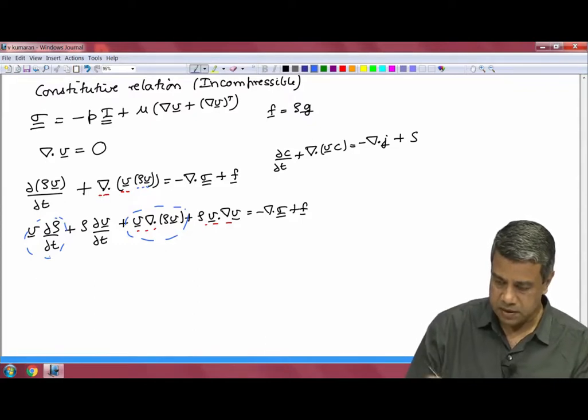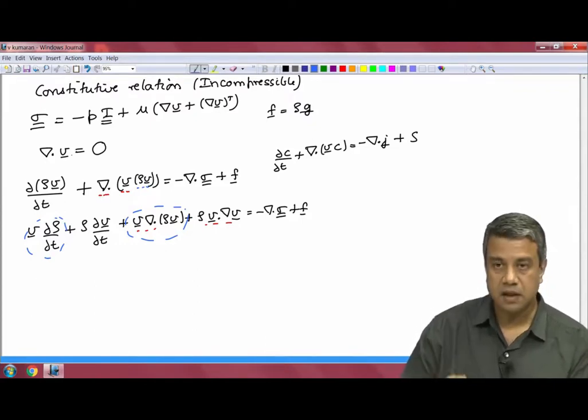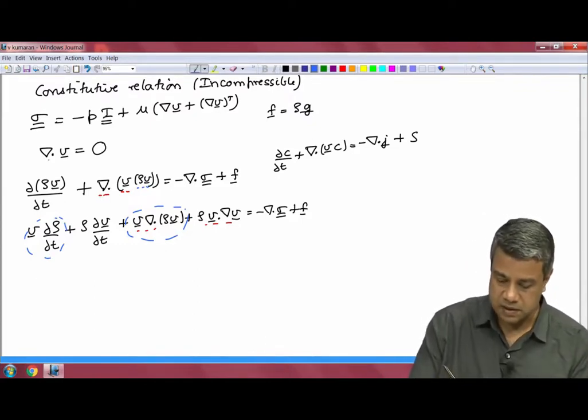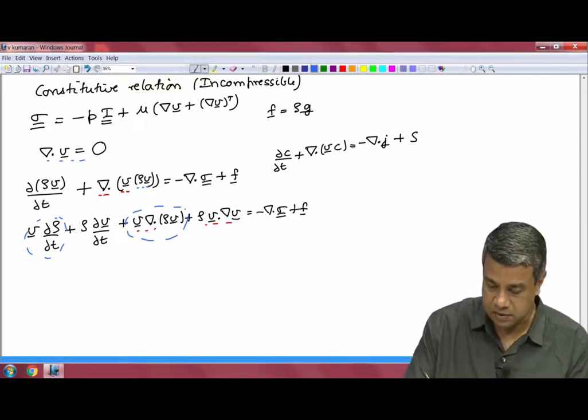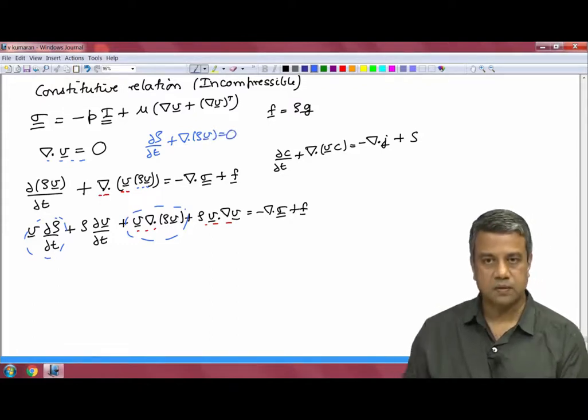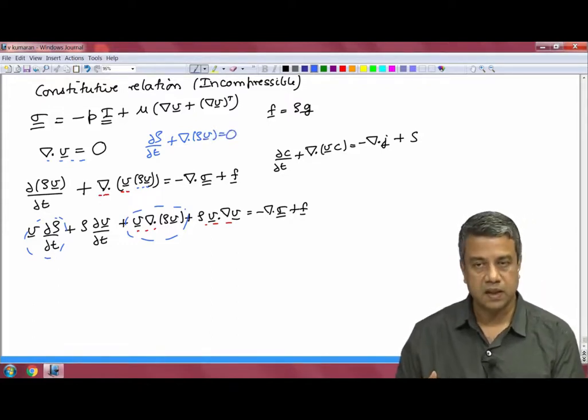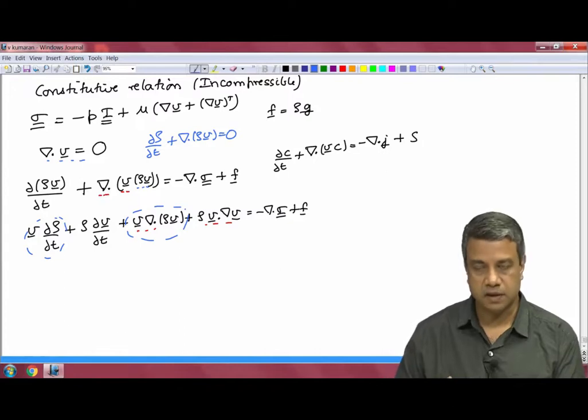Recall that my mass conservation equation, I had written it for a constant density system as this one, but actually the initial mass conservation equation that I had was partial rho by partial t plus divergence of rho v is equal to 0. That was for a compressible flow, and then I had simplified this for an incompressible flow.